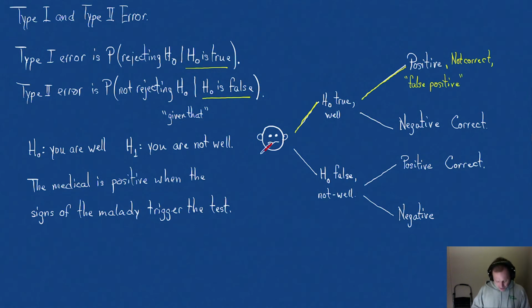Okay. Now let's take a look at this other case. So the other case is when we come down, our null hypothesis is actually false. So the null hypothesis is false, meaning you're not well. So then you get tested because you're not feeling well. The test comes back and the doctor says, you're fine. You probably just need to get some rest.